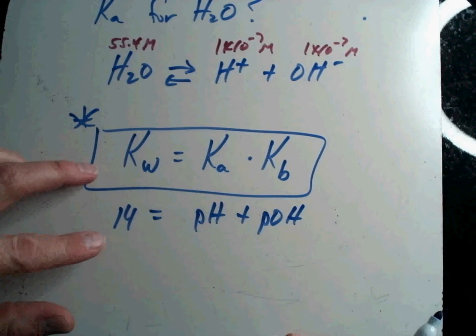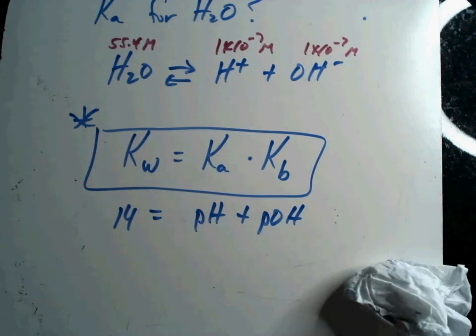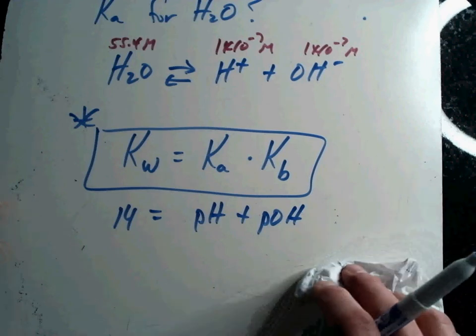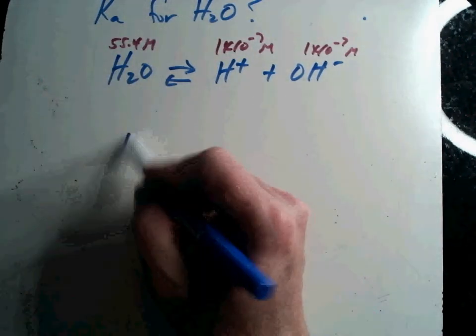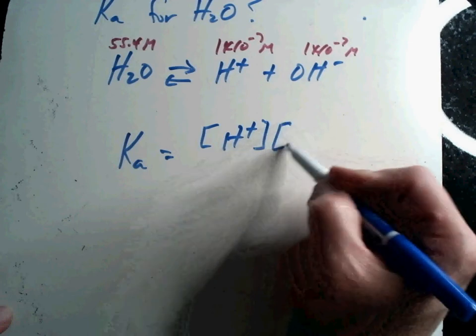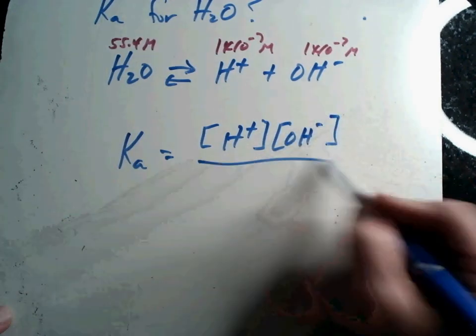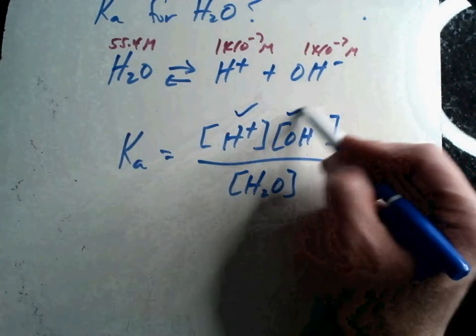Well, they're all related to one another, all these different things that we've done along the way. So you're going to be using these to do some calculations. If it's a Ka, remember, you're going to do what we did on this one right here. Remember, your Ka was going to be your concentration of your products over your concentration of your reactants.